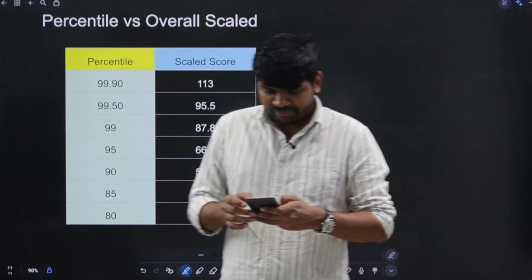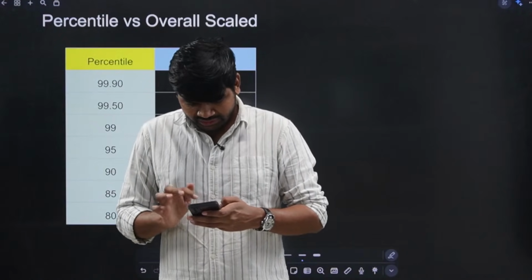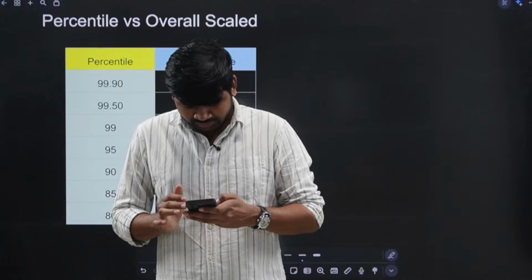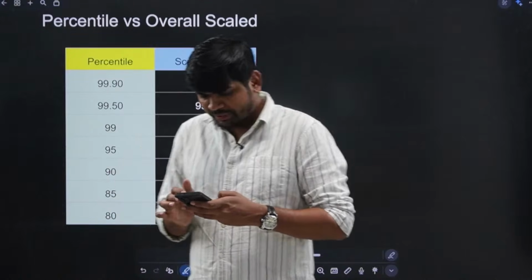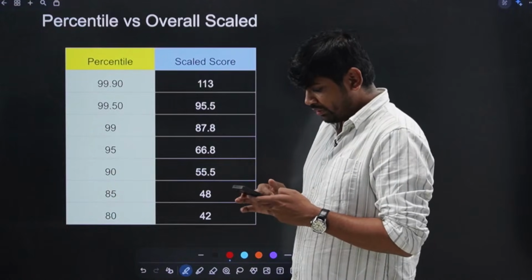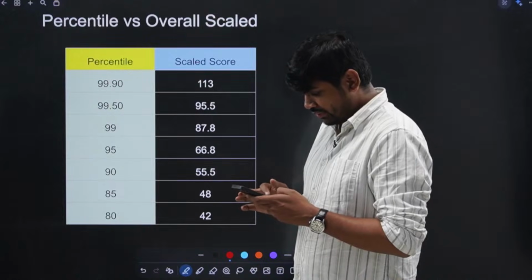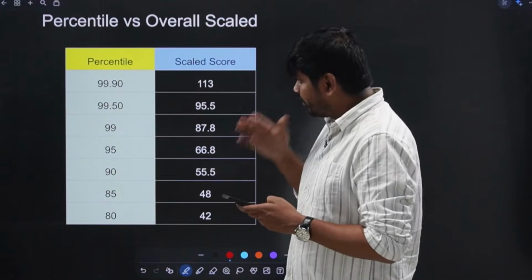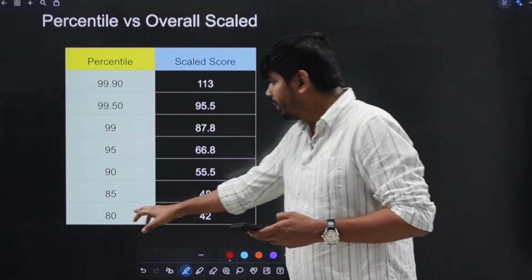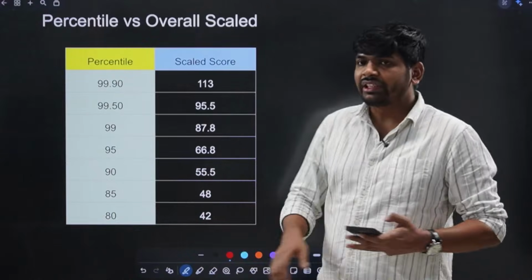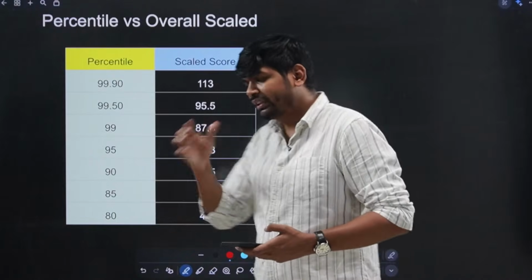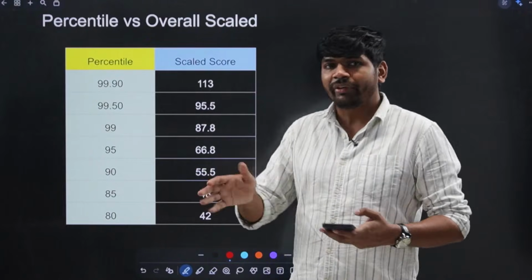Okay. What percentile will 40 marks give? With 40 marks your percentile will be near 80 percentile. 42 marks is showing 80 percentile, so it will be 77, 75 percentile. Okay.